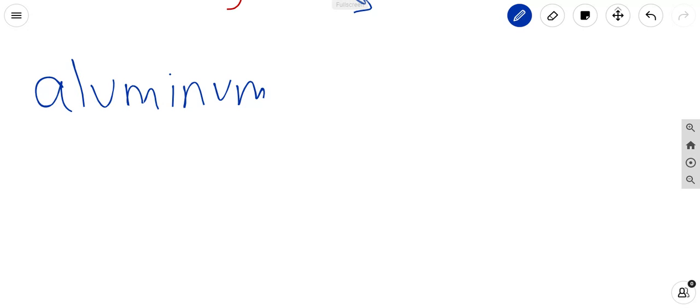All right, moving on. Sorry if this is kind of quick. This is a review. This should not be anything new. What to do with transition metals. Transition metals use Roman numerals. So if I had something like copper Roman numeral 2, let's do oxide.